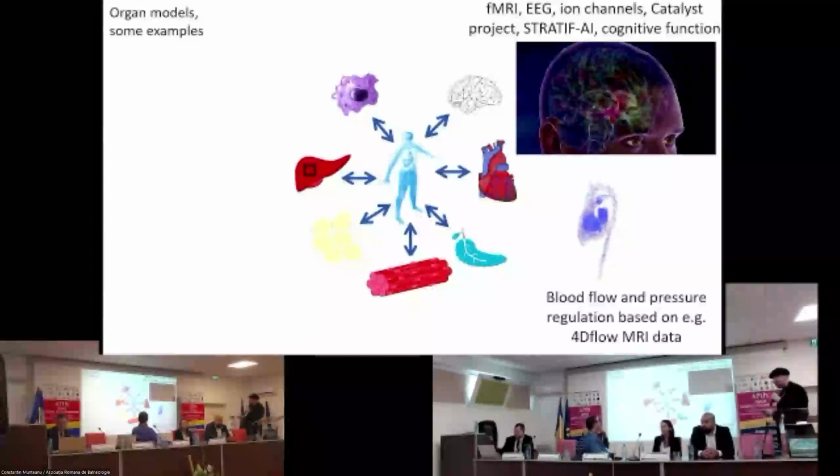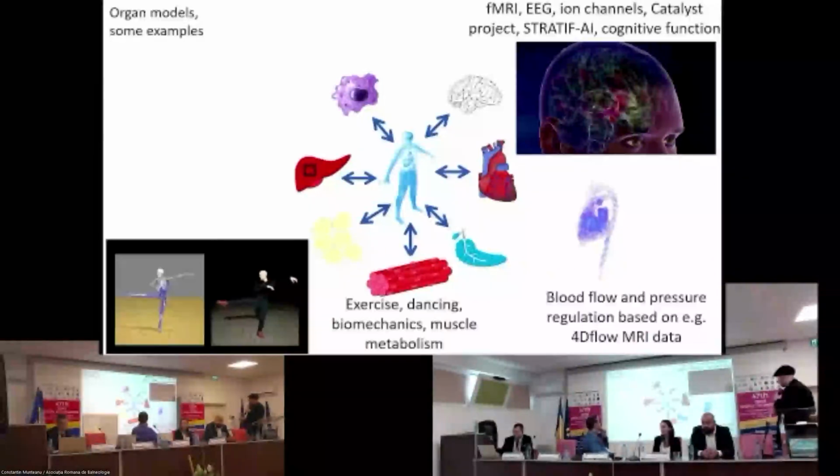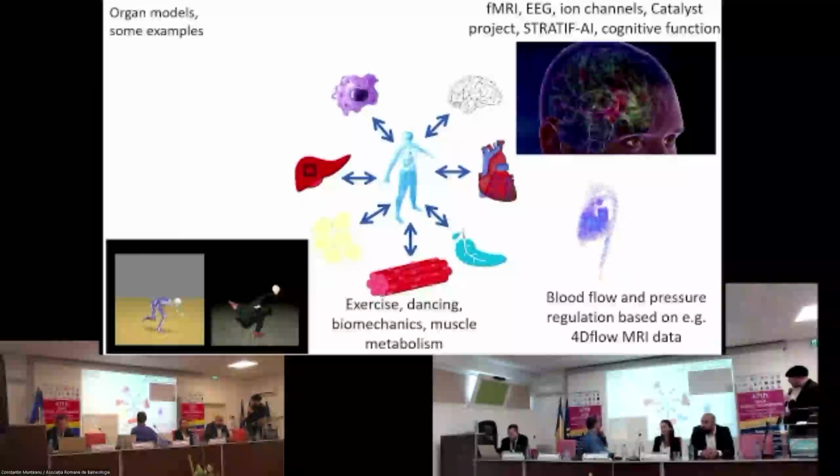In the same way, you can look inside the heart and see the blood pumping, and see how that changes when you exercise or when you sleep or when you take a blood pressure medication. And you can see how the biomechanics of the person changes when doing something physical. Here is a digital twin of me doing some kind of dance performance, and this is me without my clothes and my skin.